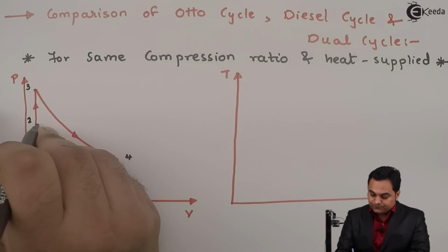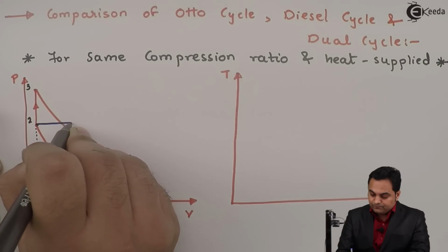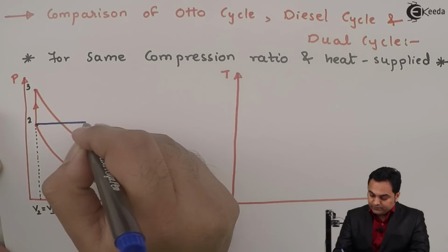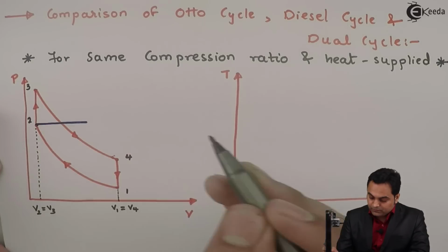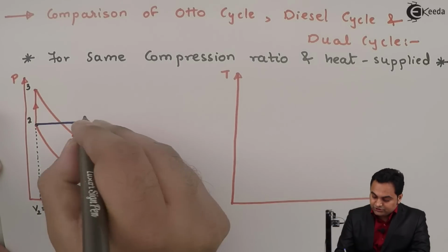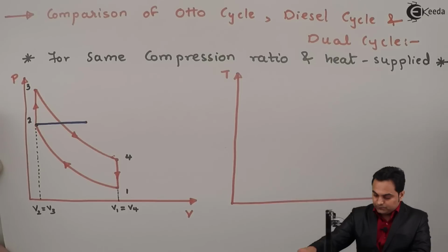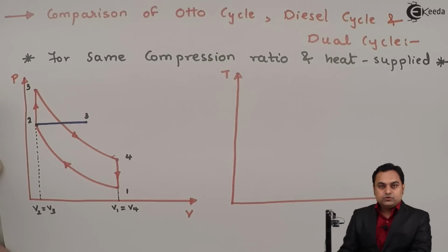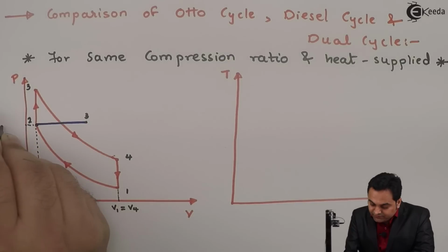Next, process 2 to 3. In case of diesel cycle, it is constant pressure heat addition. So here the pressure at points 2 and 3 is the same, P2 is equal to P3.